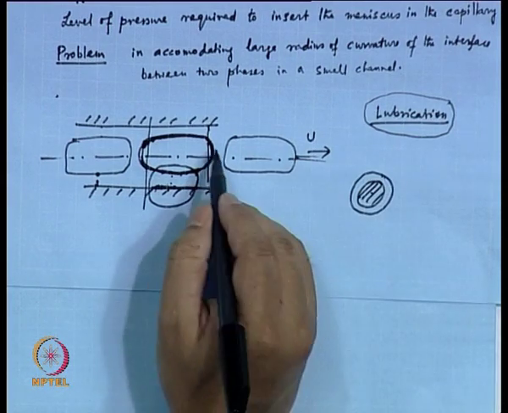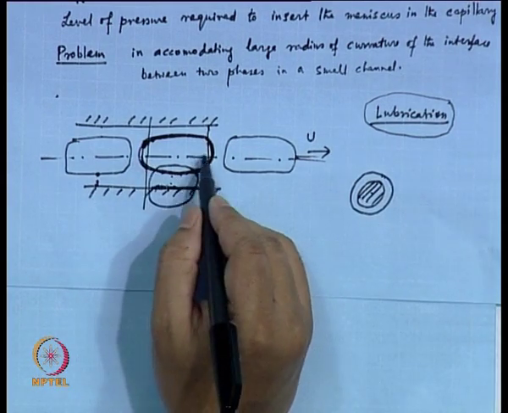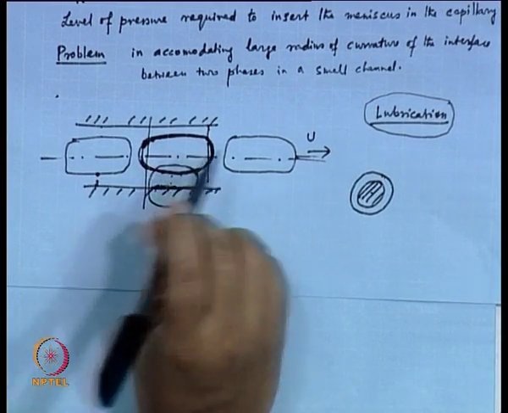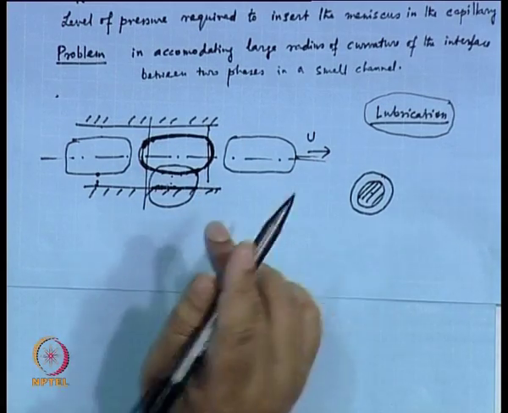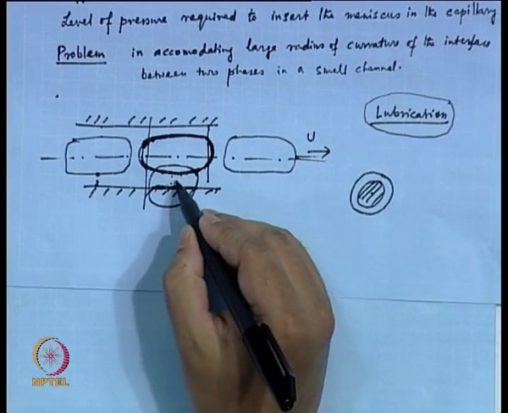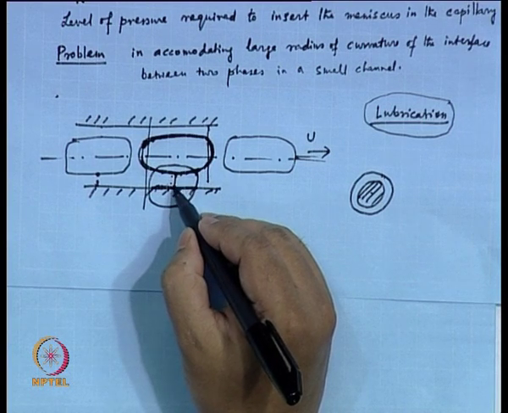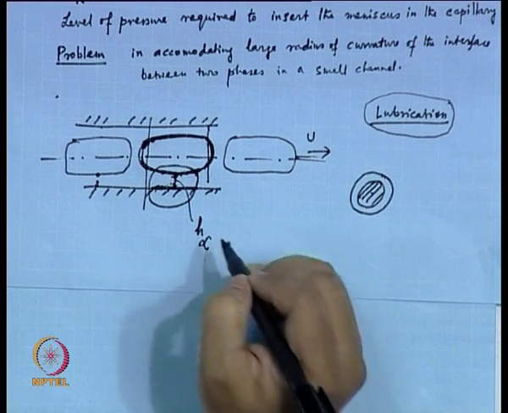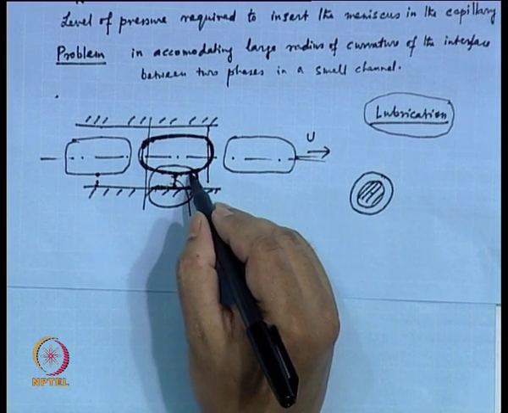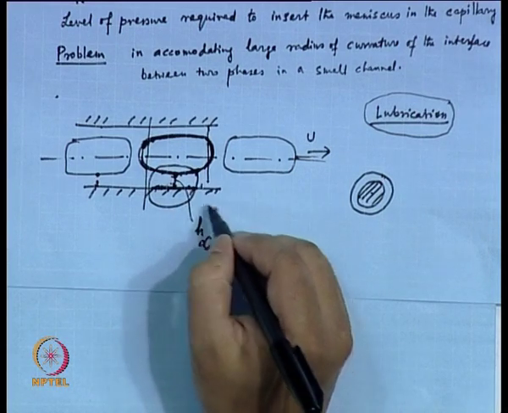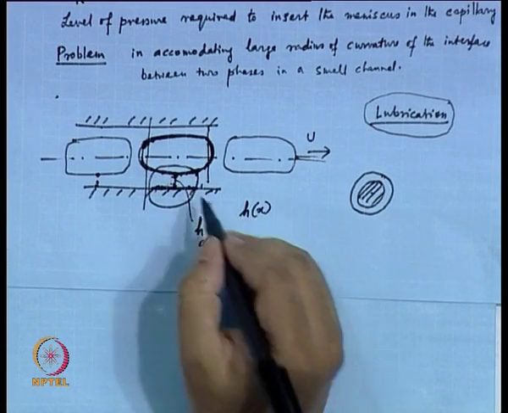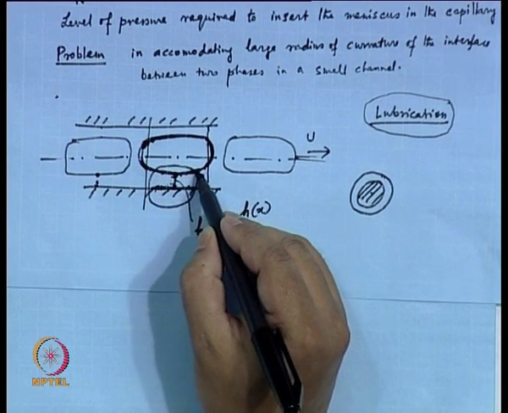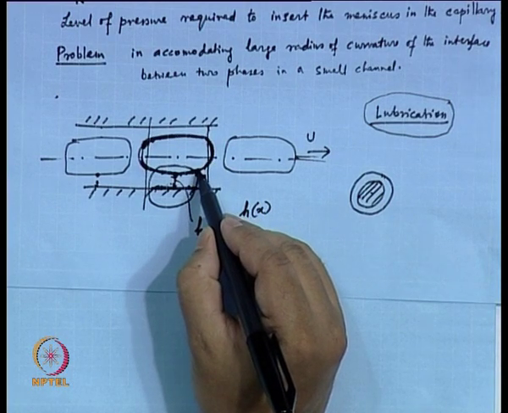As a matter of fact, the front cap and back cap cannot be symmetric; they have to be asymmetric, otherwise the bubble will not flow. That is one condition you have. And then you have this thickness, which we will call H infinity, and then we will be considering H at various points, so H as a function of x. And finally, the profile that you have has to match with the cap part.